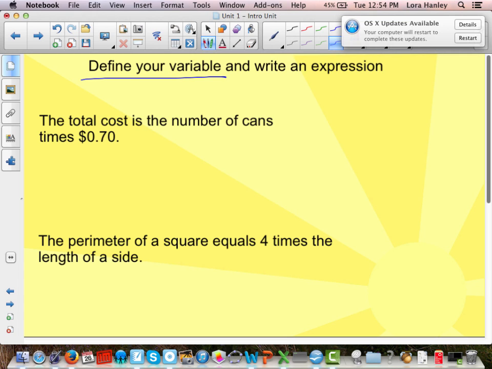So I'm going to use C for the number of cans. And to write an expression, it says cans times 70 cents. So 0.70 times C. That would be our expression here.